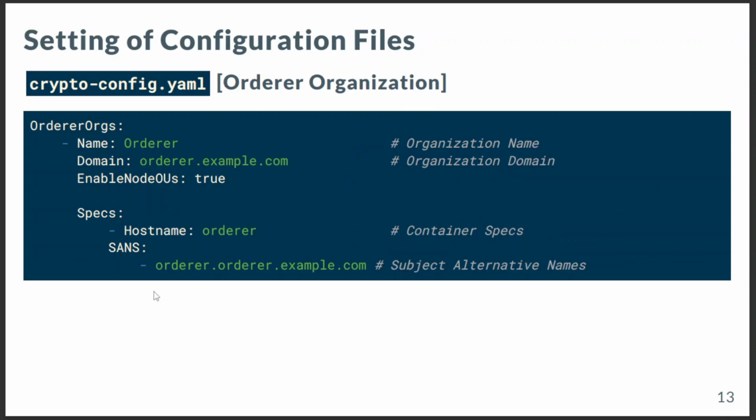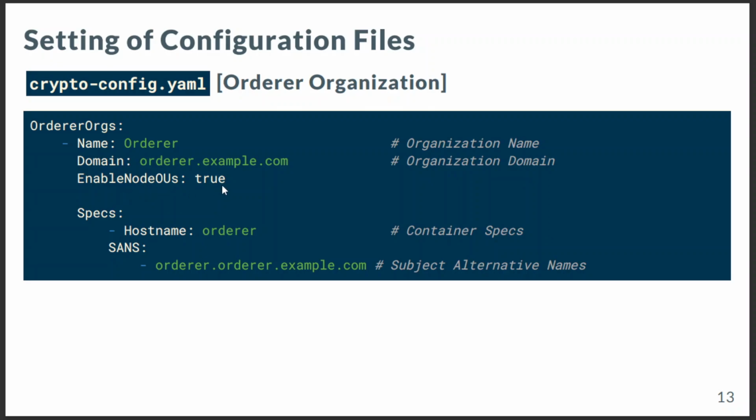Now the crypto config for orderer orgs. We have two base kinds of organizations: the peer organizations, where the actual business logic and everything happens, and the orderer organizations, where the ordering service is executed. For the ordering service, we mention the name, orderer, and the domain, example.com. These domains are actually used to communicate with the other containers here.